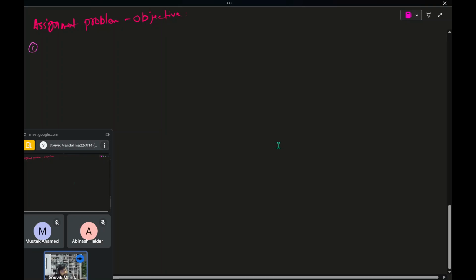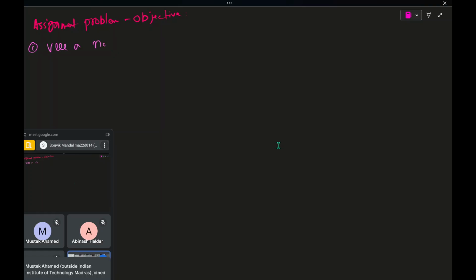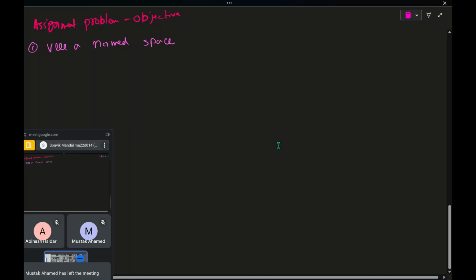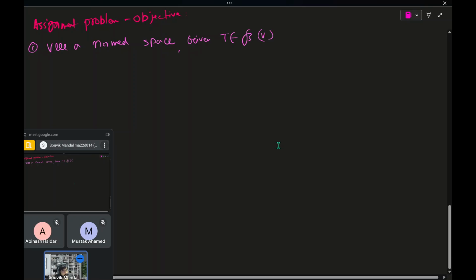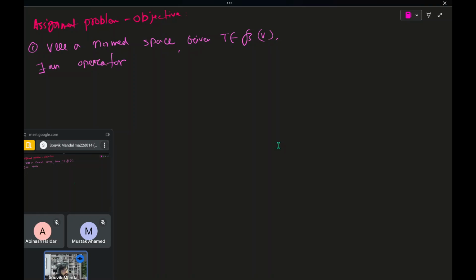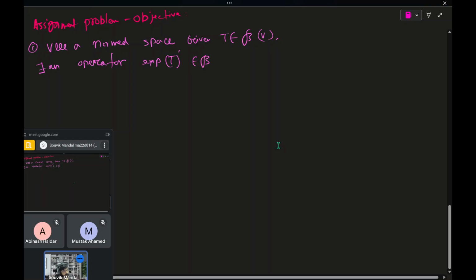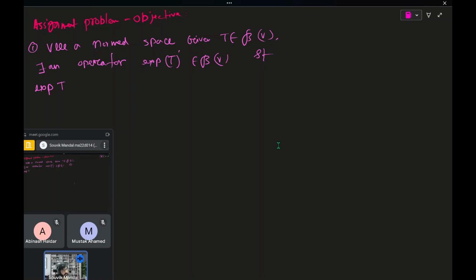The first question is: let V be a normed space, and given T belongs to B(V), there exists an operator exp(T) belongs to B(V) such that exp(T) is equal to the summation from n = 0 to infinity of T to the power n by factorial n.